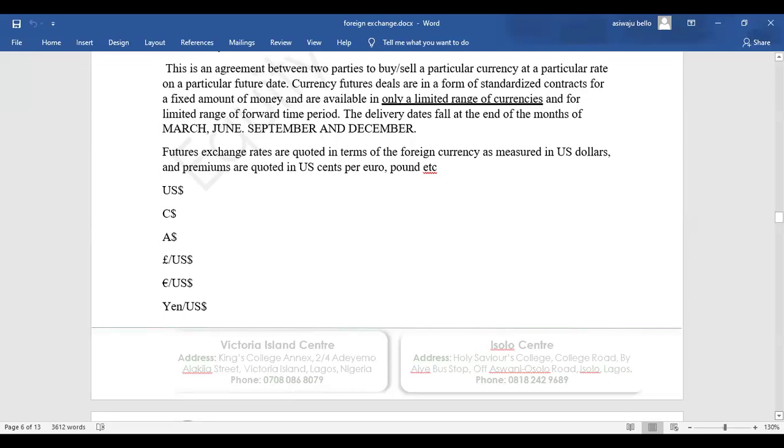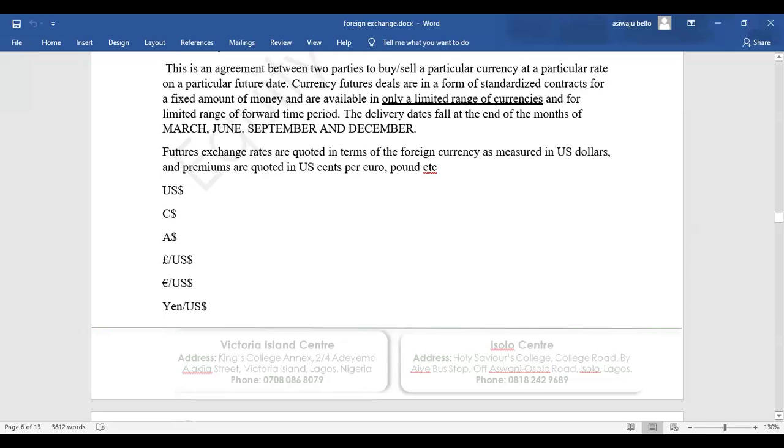Once you estimate your closing futures price, the estimated closing futures price becomes the locked-in exchange rate. That is the exchange rate at which the foreign transactions will be translated or converted.